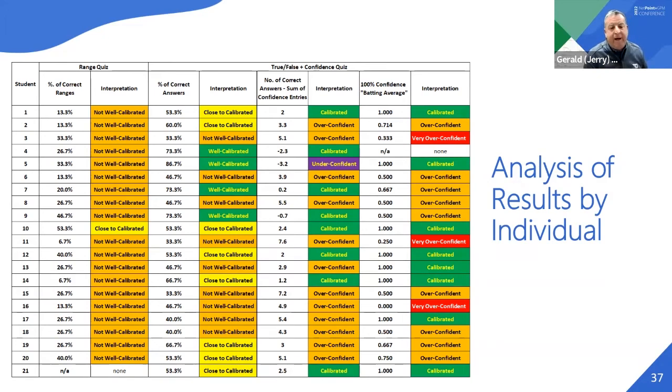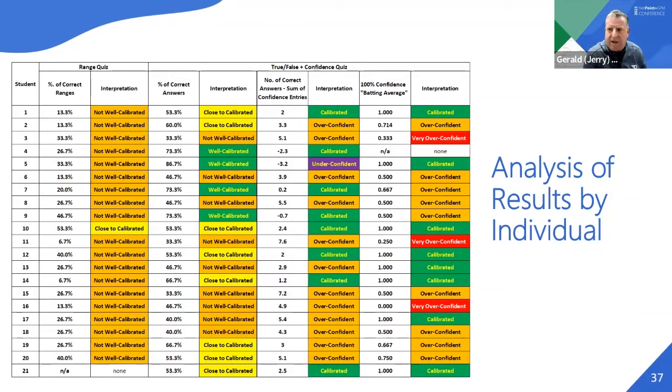The information that's provided when they guess their confidence level gives a very clever perspective to see how confident they are, where you compare the number of correct answers versus the confidence data they give for all the questions. Basically, it's the number of correct answers minus the sum of their confidence entries.